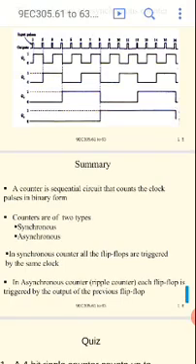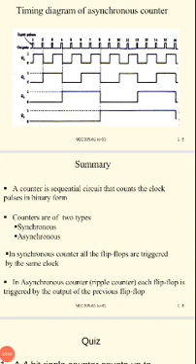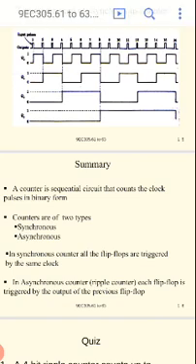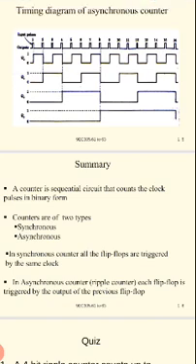For these counters, we discussed the summary, circuit diagram, and some basic points which are used in the counters.